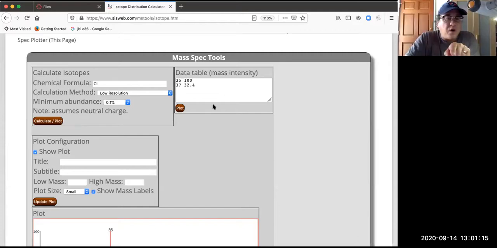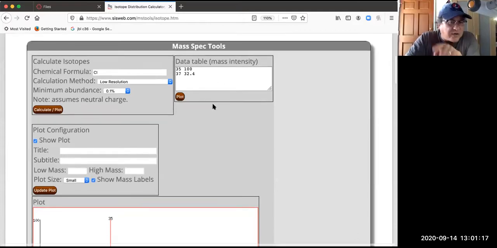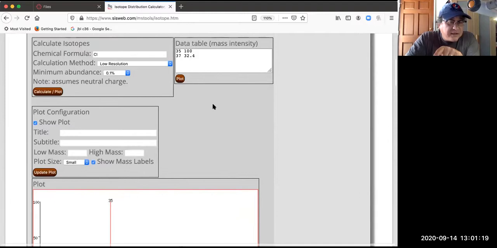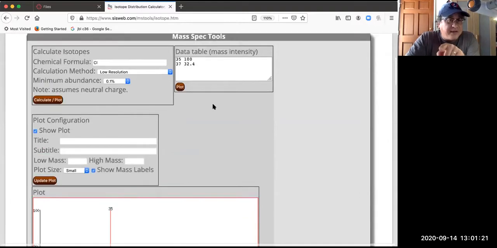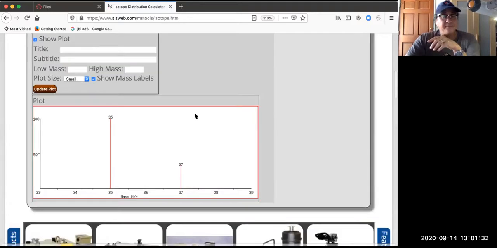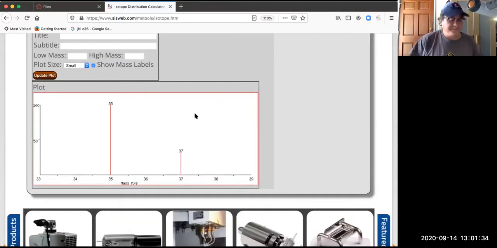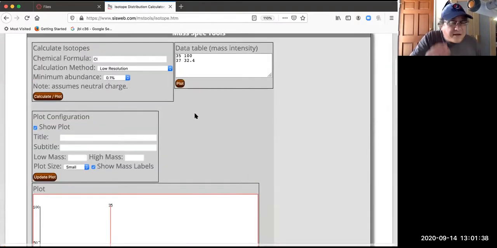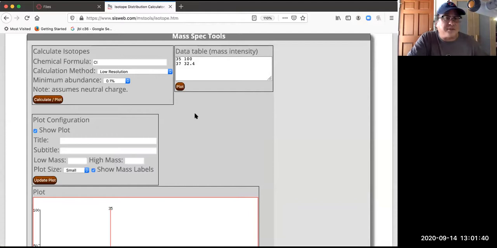So you've got one that has a mass intensity of 100, which means it's the largest peak, right? And you've got another one with a mass intensity of 32.4, which means it's a smaller peak. And that's what the spectrum looks like. Now, to give you an idea about the percentages, how would we calculate the percentage of chlorine 35?